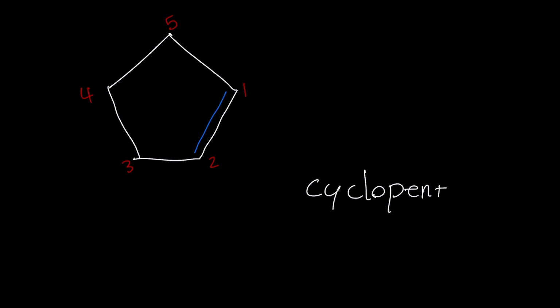However, we have a double bond, so it's pentene. You don't need to number the double bond in this one because it's already assumed that the double bond is on carbon 1. So you can just call it cyclopentene. If you put numbers around that, you can just rotate it and then you get the same thing.